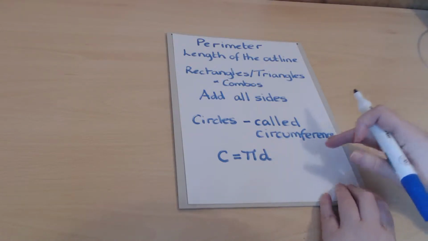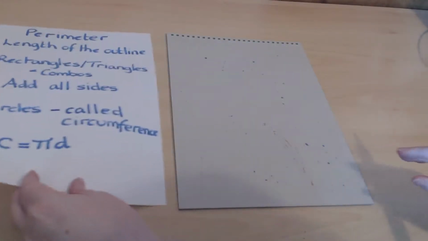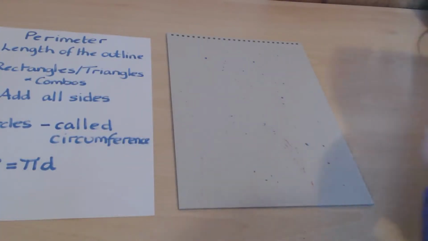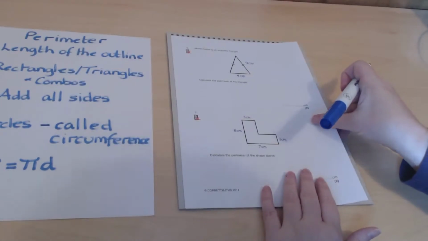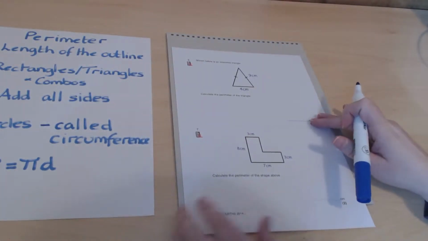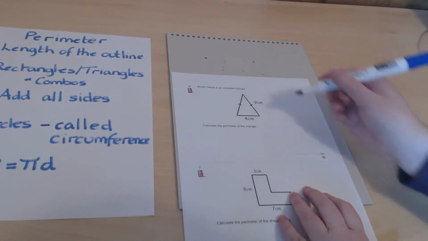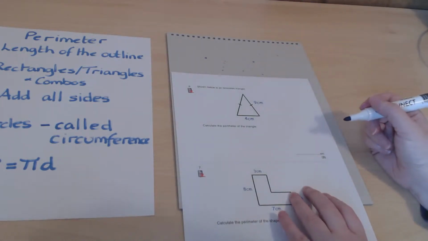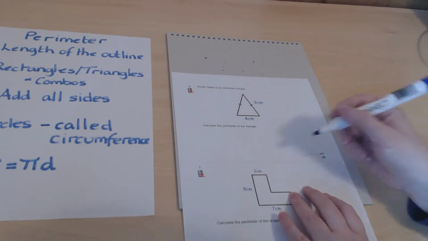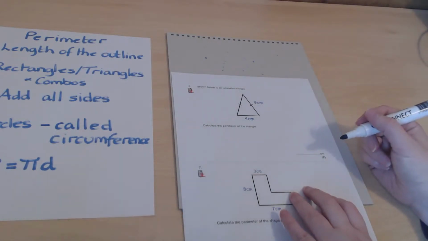So let's look at some examples. First of all, we've got a triangle up here, and we're told that it's an isosceles triangle. One of the main things that people get wrong when they do these is they neglect one of the sides because it hasn't been labelled.